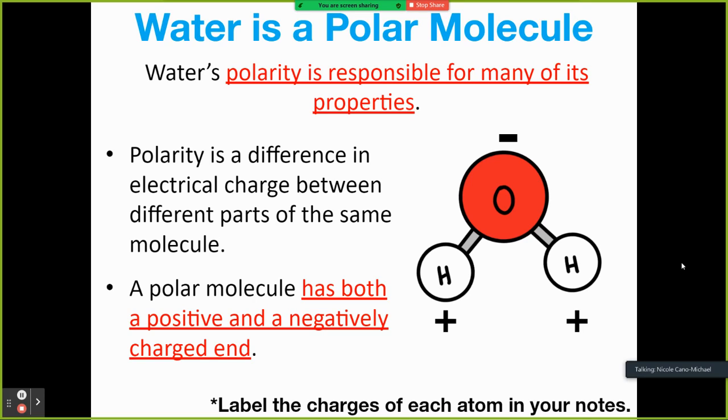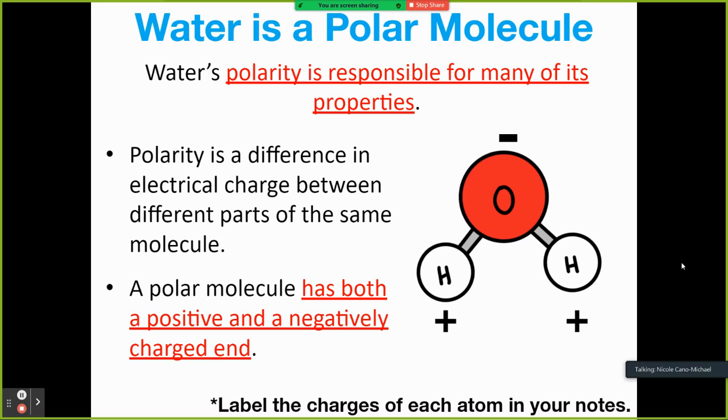And again, that polarity is just the difference in that slight electrical charge between the two different sides of this molecule. A polar molecule, as we've talked about, has a slightly positive and a slightly negative charge side. So you can clearly see in the diagram here that oxygen is the negative side, hydrogen is the positive side.